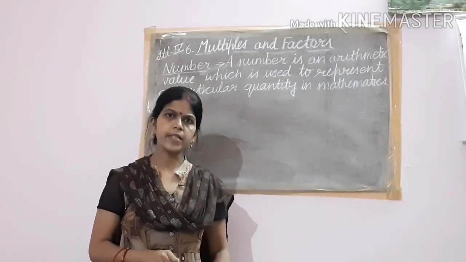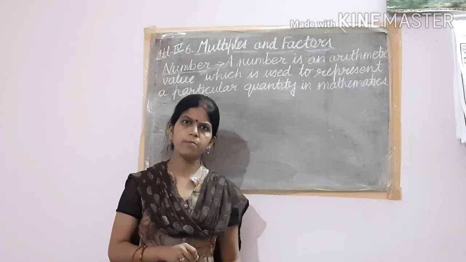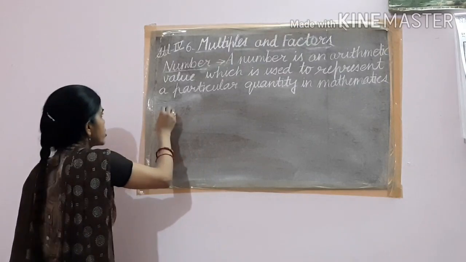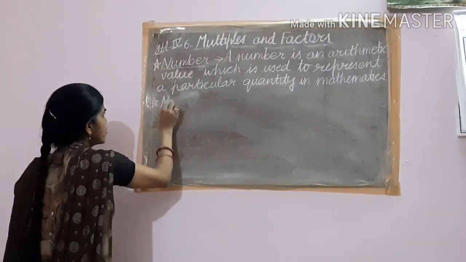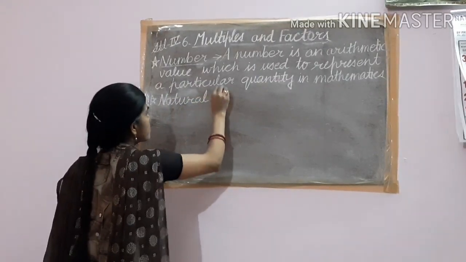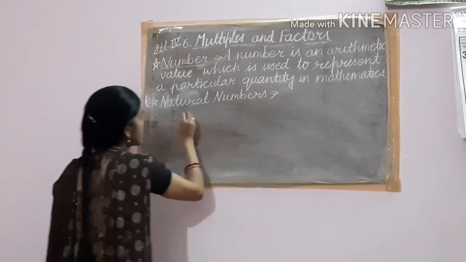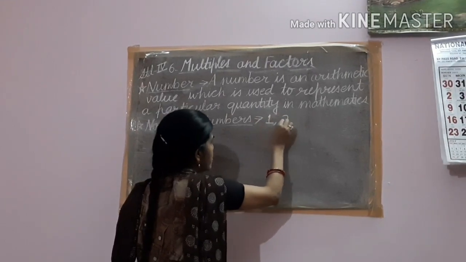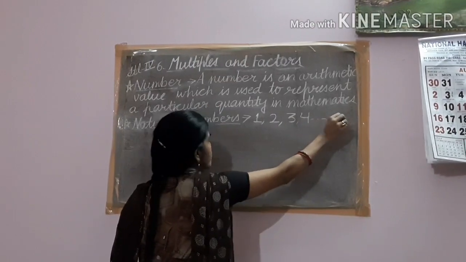Numbers are of many types, but you have learned about natural and whole numbers. Let us do some revision of natural and whole numbers also. So, natural numbers: 1, 2, 3, 4 and so on.